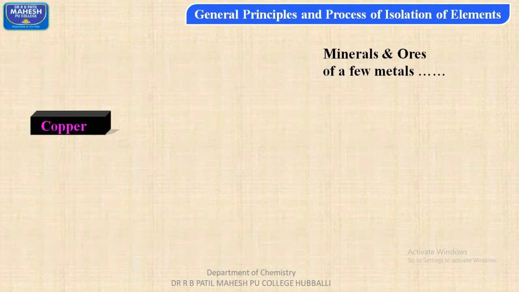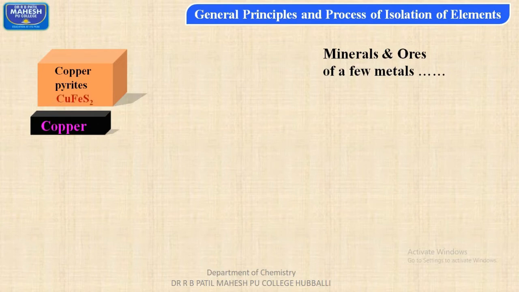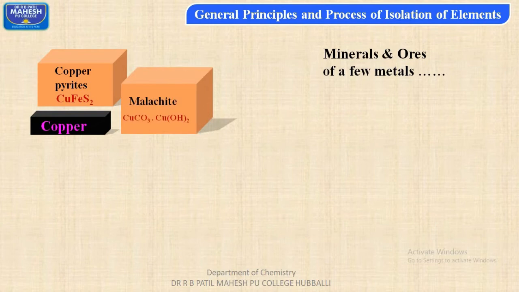Let us continue. The third metal is copper, and for copper, students, first mineral is copper pyrites, the formula CuFeS2. The second mineral of the copper is malachite, that is cupric carbonate, cupric hydroxide.